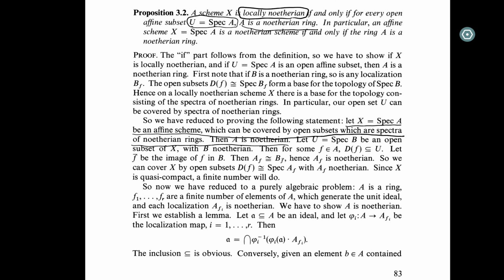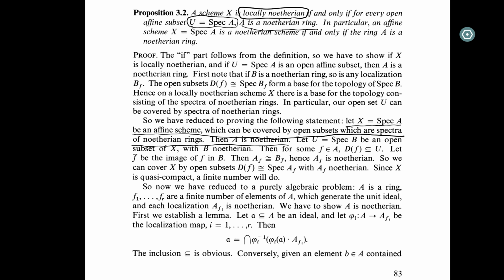And you recall that an affine scheme is just a locally ringed space which is isomorphic to the spectrum of some ring, isomorphic as locally ringed spaces.